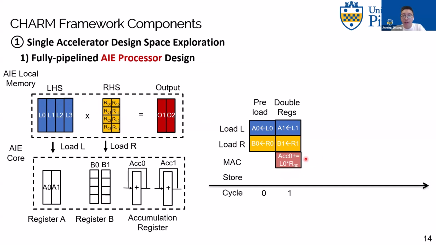And then to cover the latency of accumulating the temporary results on the same accumulation register. So imagine that if we calculate the L0 times R00 in cycle 1, and then we go to L1 times R01 in cycle 2, then it leads to the accumulation to the same accumulation register 0.